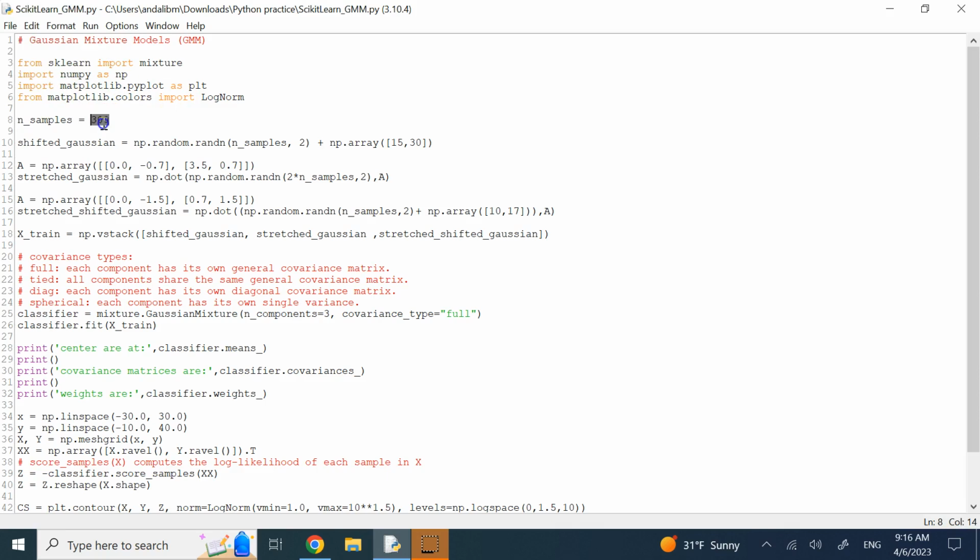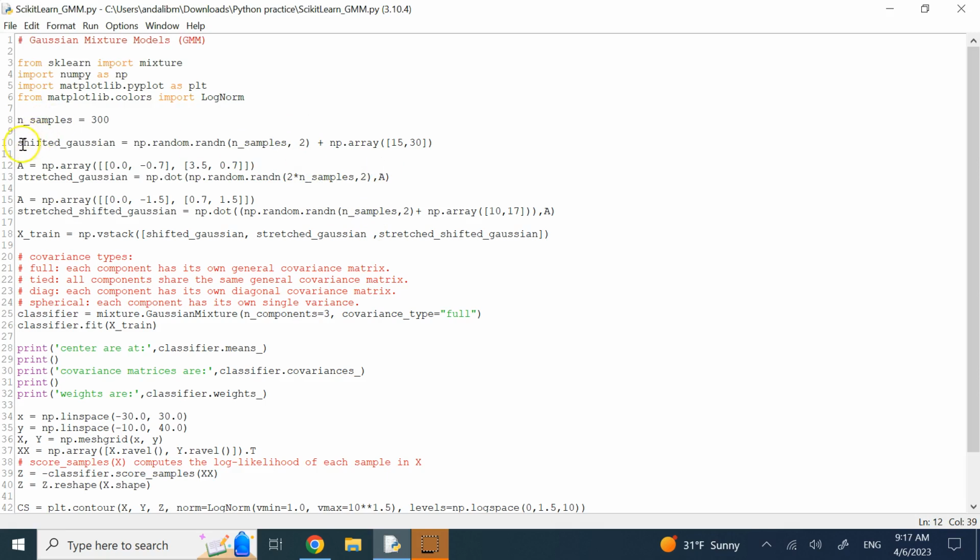So here I generate 300 data for one of my Gaussian models or Gaussian PDFs, 600 for another one, and again 300 for another one. So I have overall 1200 data, and the weights are, as you can see, 1 to 2 to 1, or 25%, 50%, and 25%.